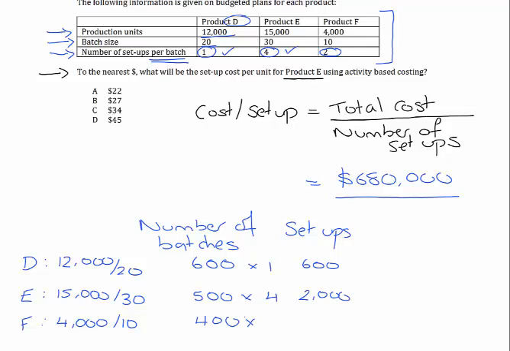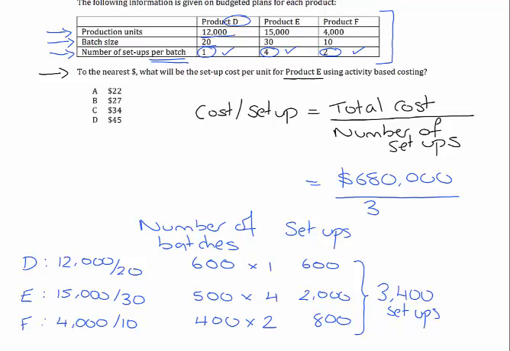And then for F there's 2 per batch, so 400 times 2 we get 800 setups. So in total you've got 600 plus 2,000 plus 800 means we have 3,400 setups.